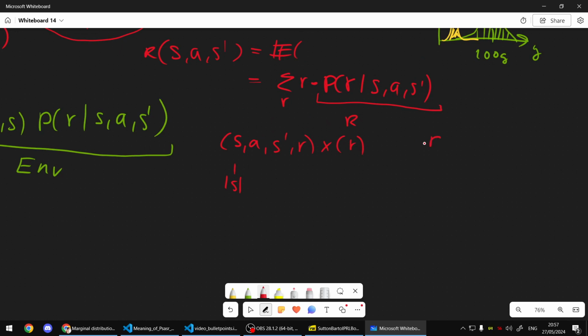It will calculate the dot product and broadcast it, the sum over i of R_i times P, calculated for all the entries of S, A, S prime.